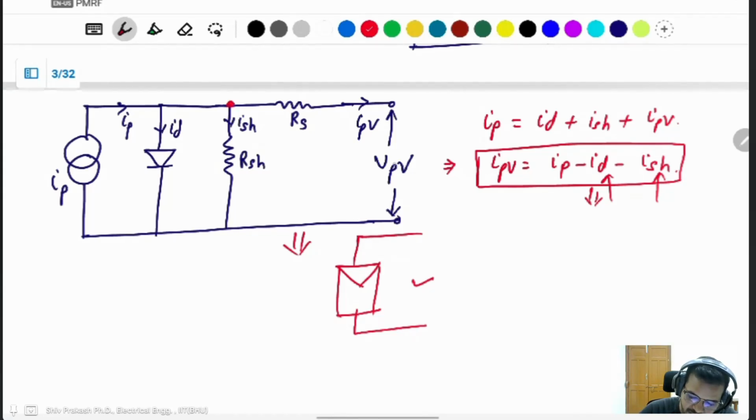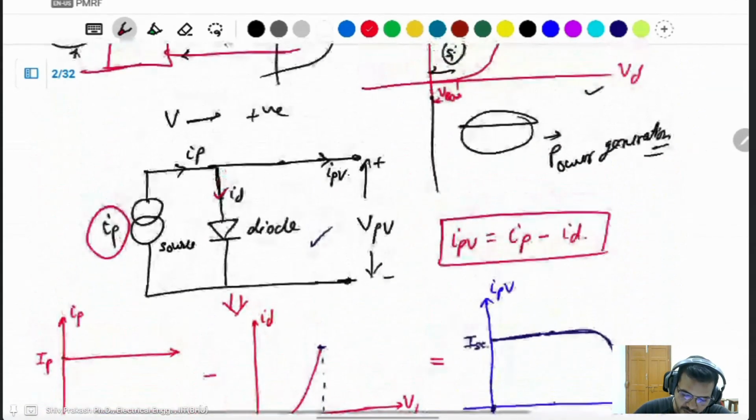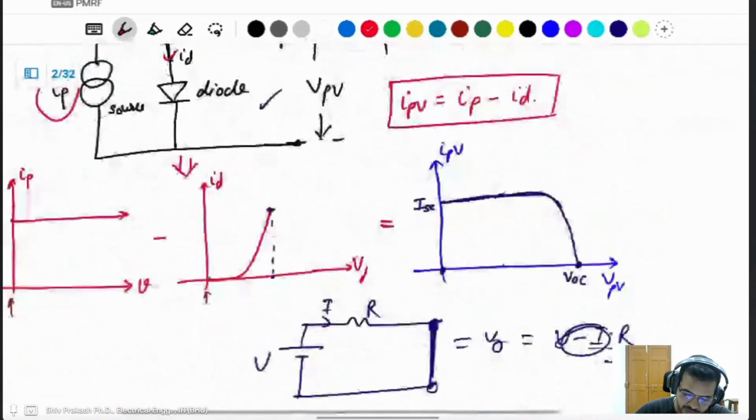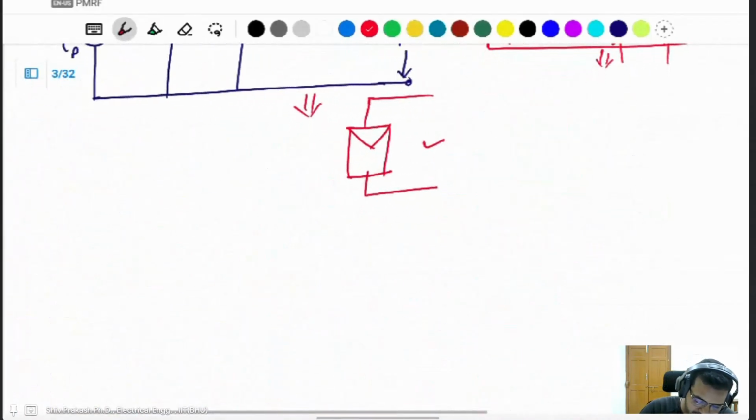This voltage is this voltage plus the voltage drop across the series resistor, and this will be VPV plus IPV into RS. Same thing you know about the diode.